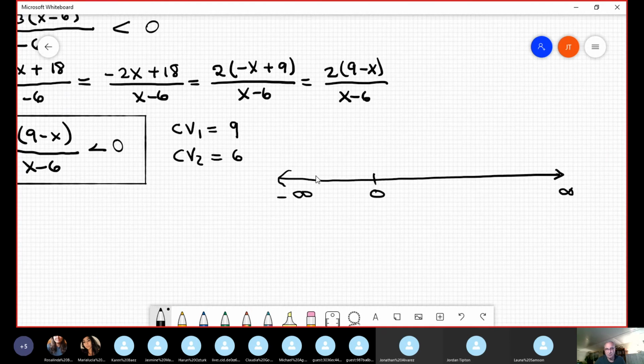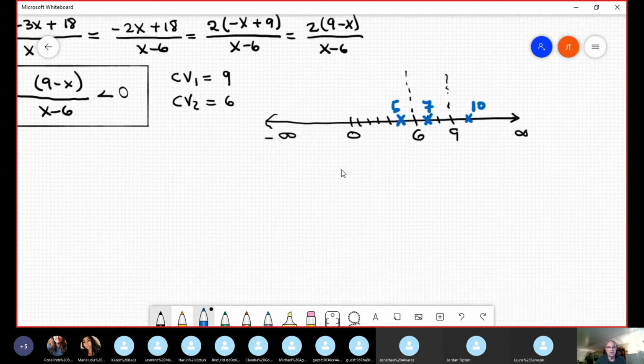This is 0, this is 1, 2, 3, 4, 5, 6, 7, 8, 9. Partition at 6 and 9. I select totally arbitrary testing points. Maybe 7 is good testing in this interval. 10, good testing, and 5, or 4, or 0. I like 0, but okay, fine. I prefer close to the partition.